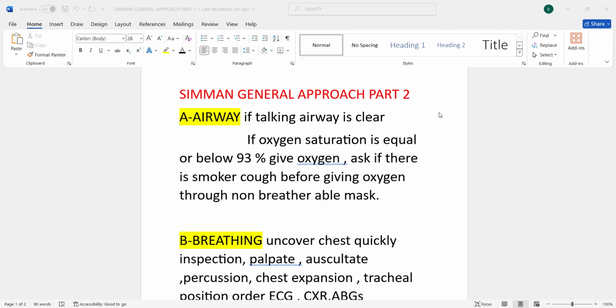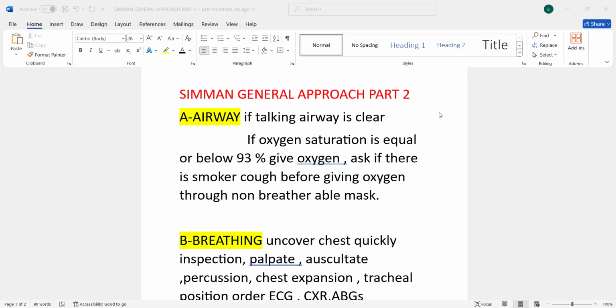Just before starting your examination, you have to quickly look at the cardiac monitor. You will have an idea of what is actually going on with the patient. For example, if his saturation is decreased, it might be an airway or breathing obstruction. Or if his blood pressure is going down, then there might be some circulatory issues.